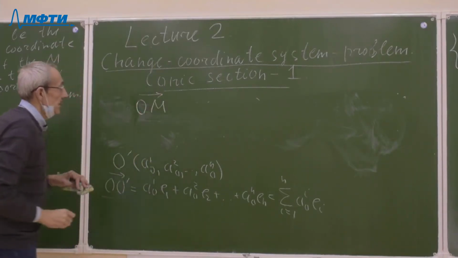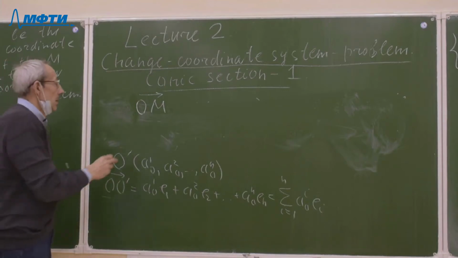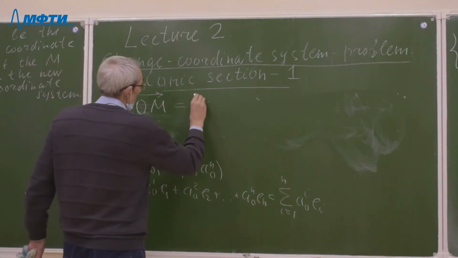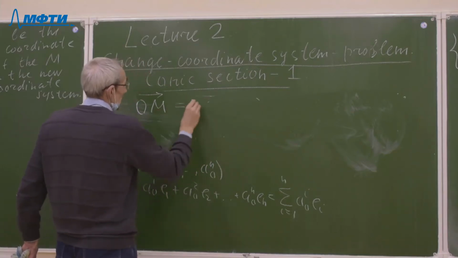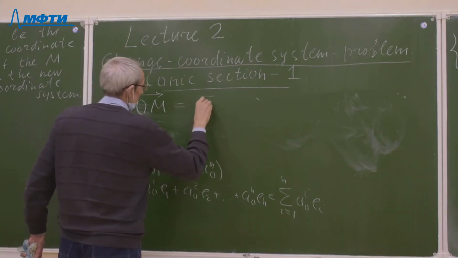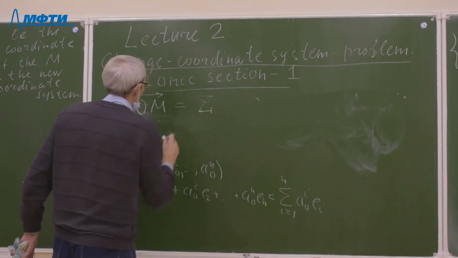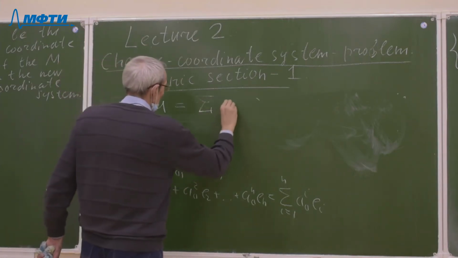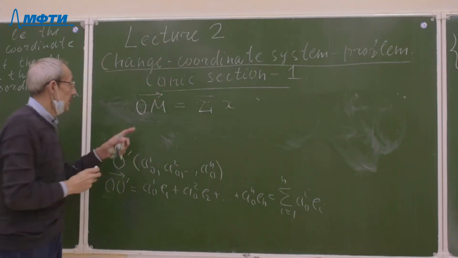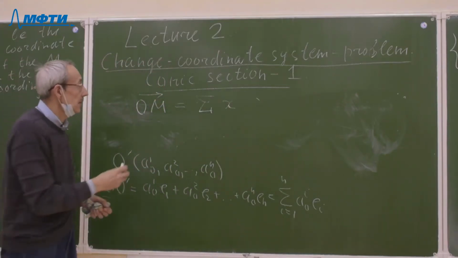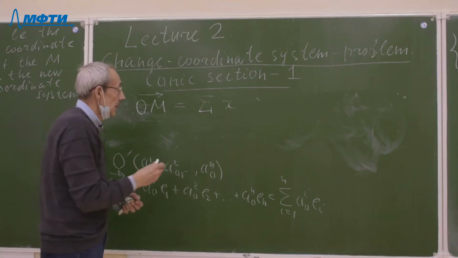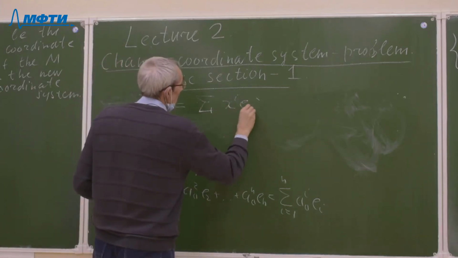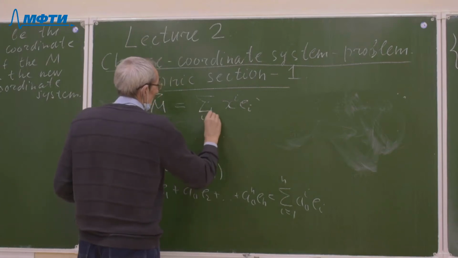The coordinates of the vector OM in the old basis are x1, ..., xn. Namely, it means that the vector OM is equal to the following linear combination, the sum of xi ei.